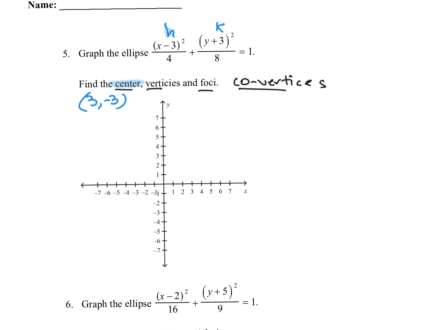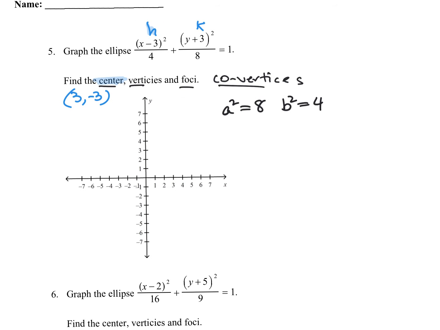Now, remember, a squared is always going to be the bigger number. So my a squared is 8, and my b squared is 4. To find c squared, I'm using this formula. So a is going to be equal to plus and minus the square root of 8, and then I can simplify this to 2 radical 2.